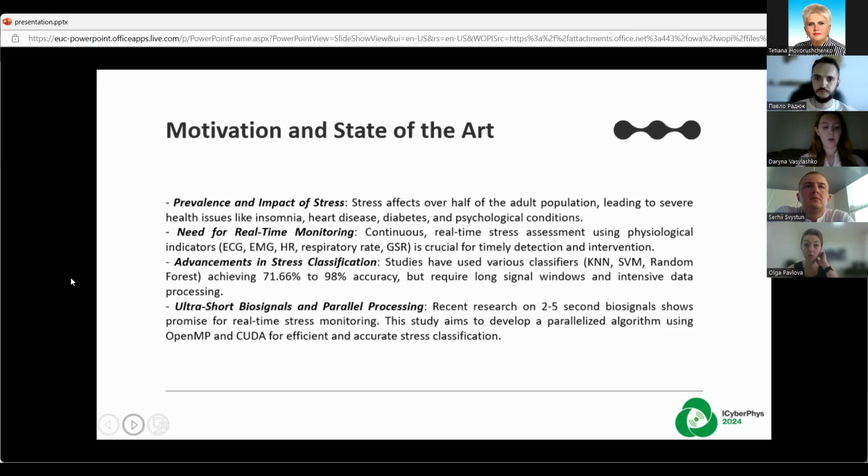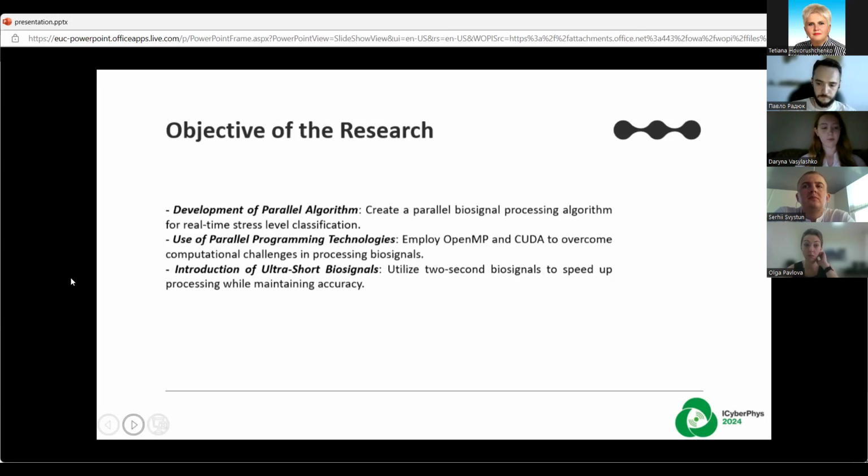However, these methods often demand long signal windows and intensive data processing, posing challenges for real-time application. Recent advancements in using ultra-short biosignals show potential for rapid and accurate stress assessment, but they require sophisticated signal processing techniques to overcome noise issues.